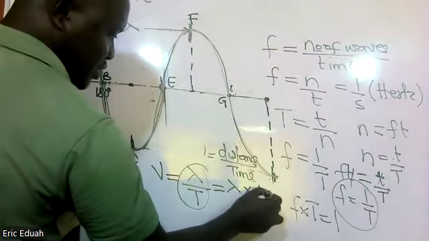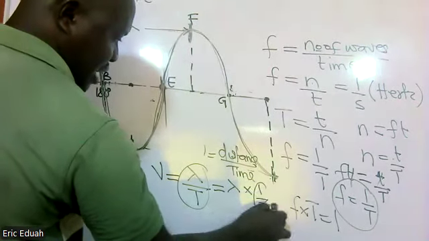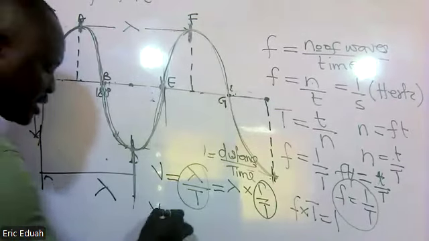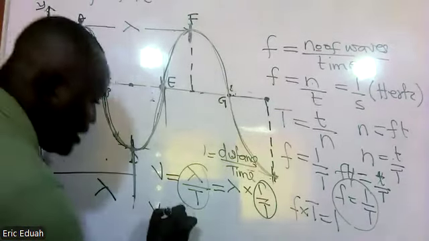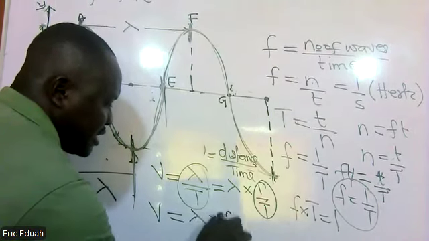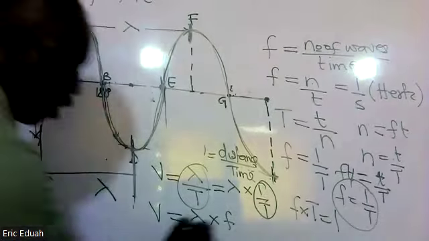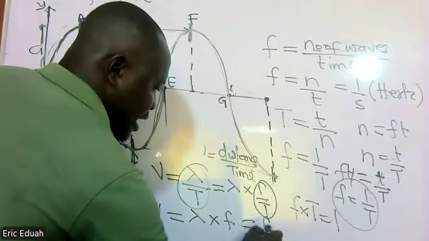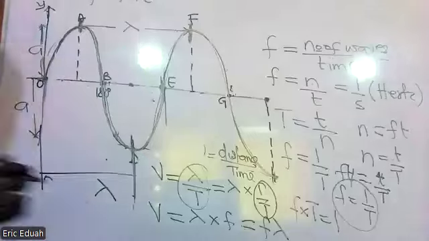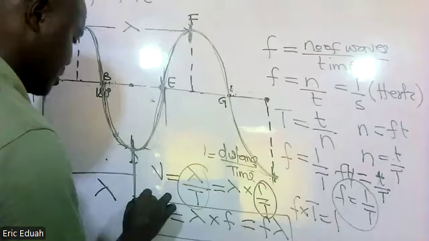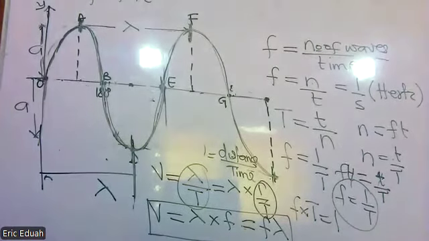And if f is equal to 1 over T, then we can say that this is f. So v, which is the speed of a wave, is given by wavelength times frequency, or v is equal to f lambda. This is how we got this special equation we've been using for waves.